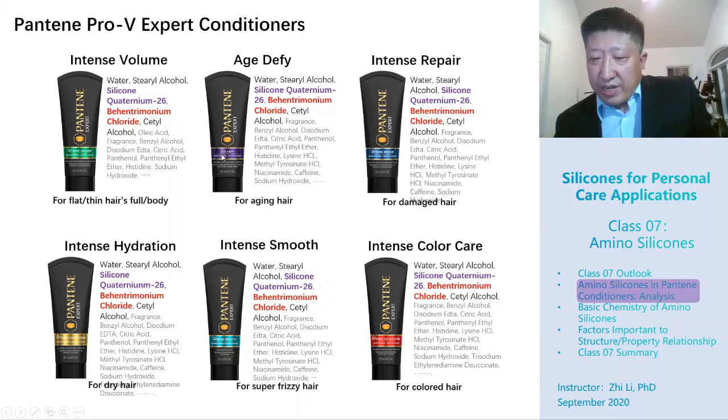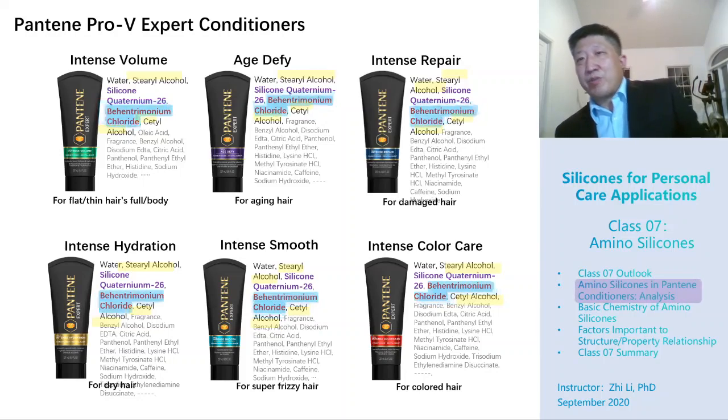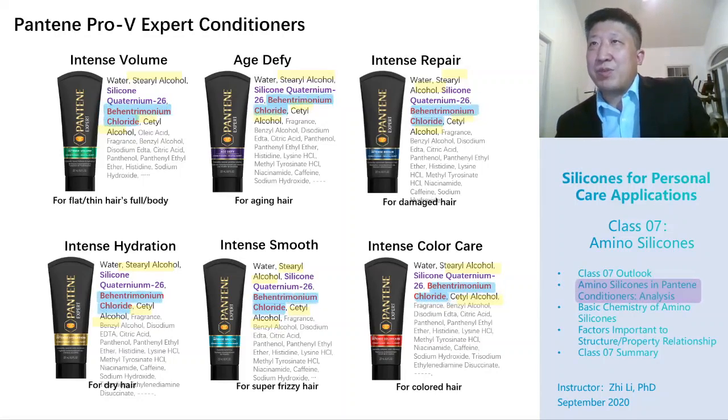But if we look closely at what the ingredients are, we see very similar things: the hard alcohol, we're going to see this long-chain cationic surfactant, and then we're going to pay attention to a little bit different thing here, silicone quaternium-26. We're going to know a little bit more about silicone quaternium-26 in a coming slide.